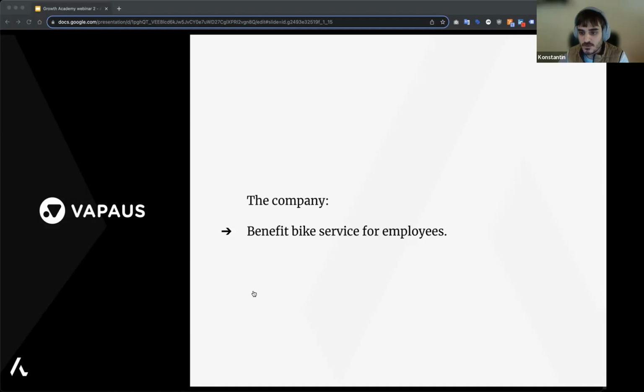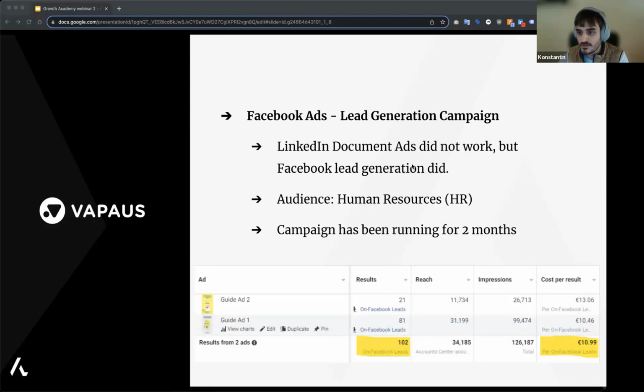What we did for them was Facebook ads. A Facebook ads lead generation campaign is what worked, but what we tried first, you can see in the yellow there, I marked how many leads and the cost of the lead. But that aside, we tried LinkedIn document ads first, and that didn't work for Vapels.